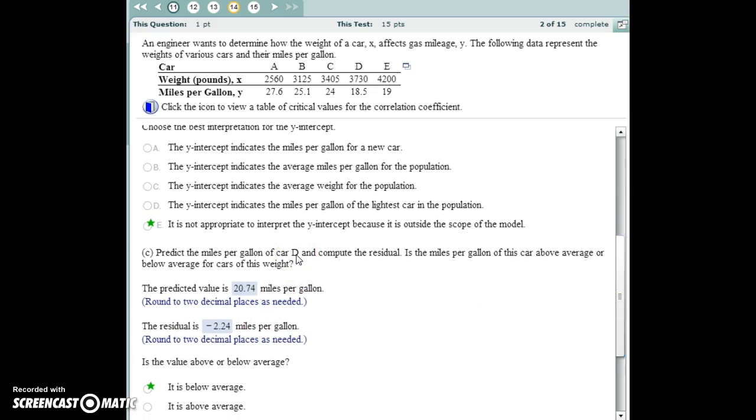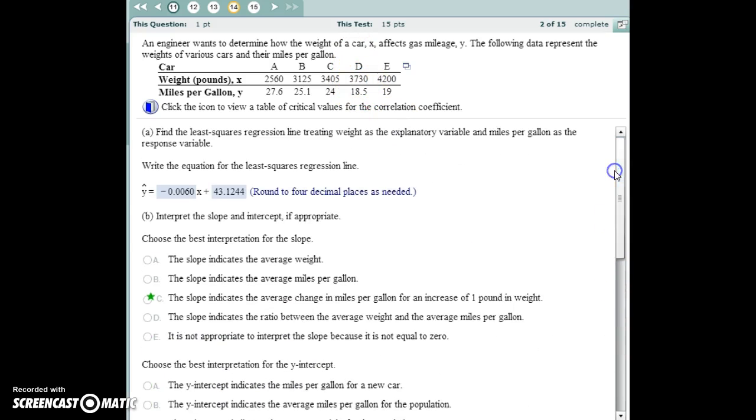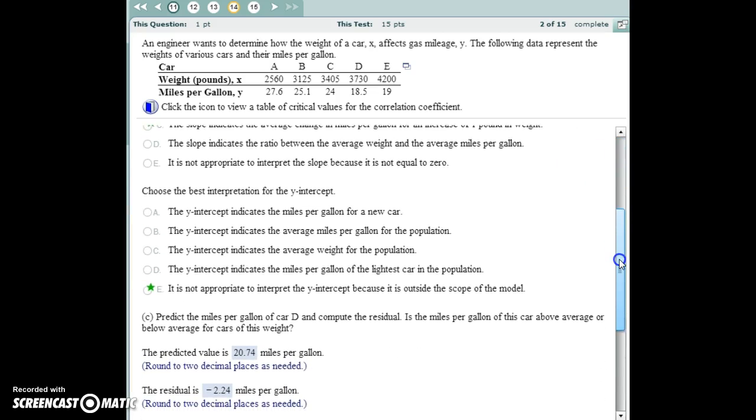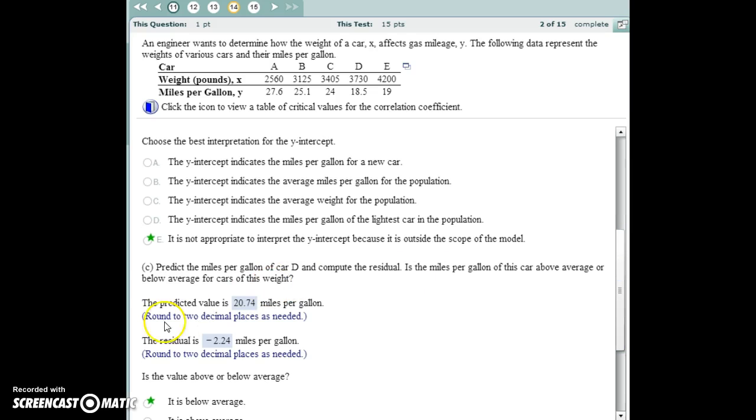For car D, the predicted value, you need to plug in this weight into this equation here, and that gives you the predicted value based upon our least squares regression line.